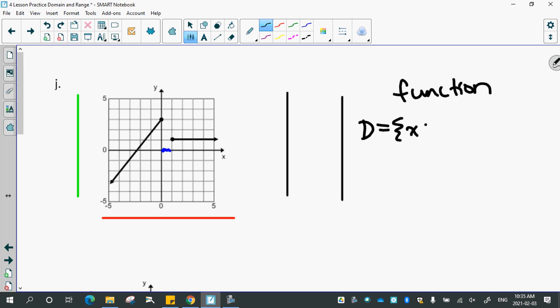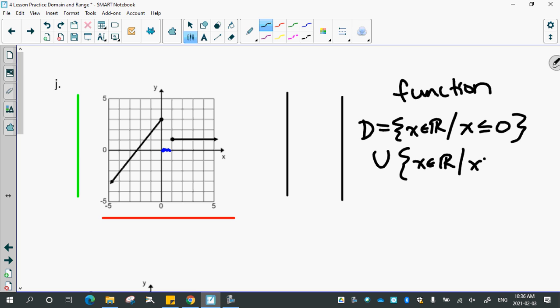So my first set is all real numbers as long as they're less than or equal to 0. Union, all real numbers as long as they're greater than or equal to 1.